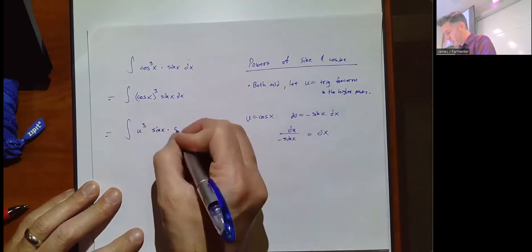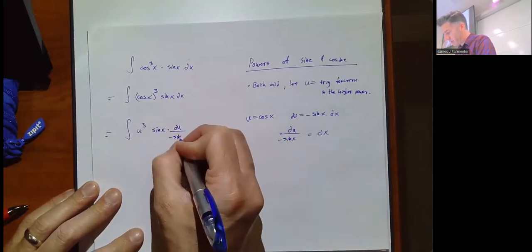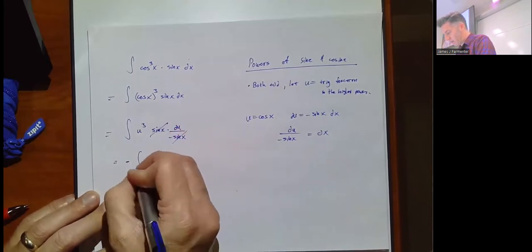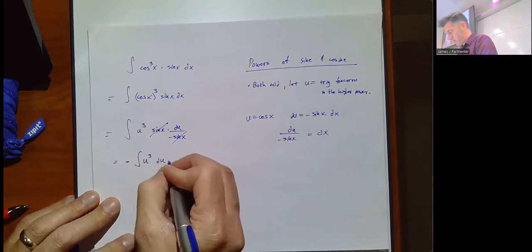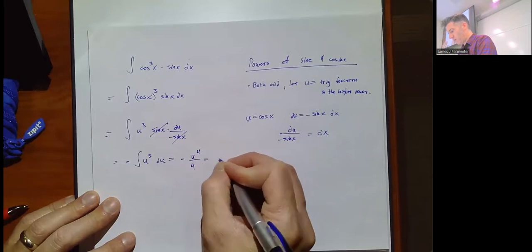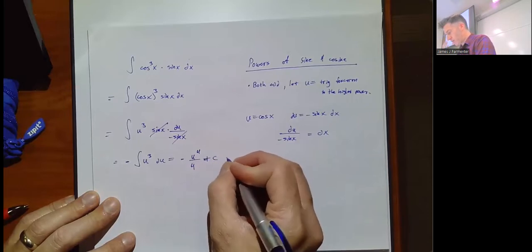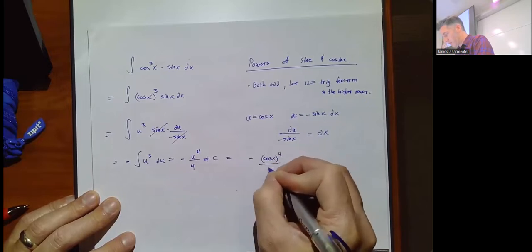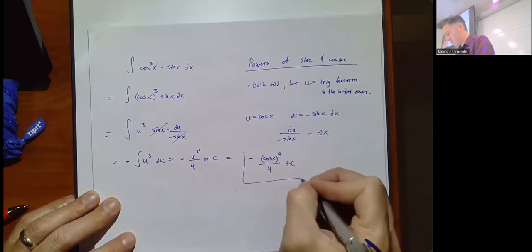And then dx is du over negative sine of x. So those end up dividing out to 1, and you're left with a negative integral of u cubed du, which is nice. It's just negative u to the 4th over 4 plus c, which is equal to negative cosine of x to the 4th over 4 plus c.